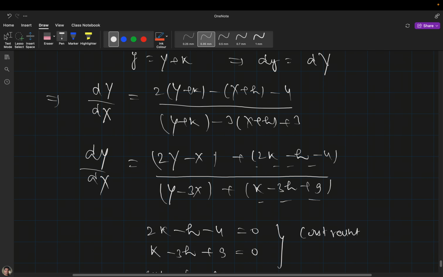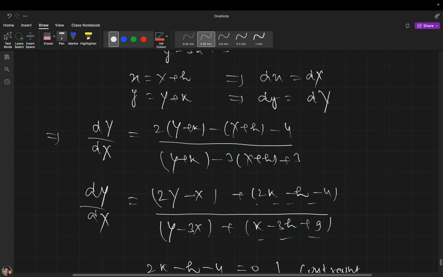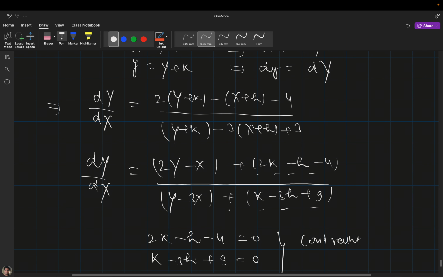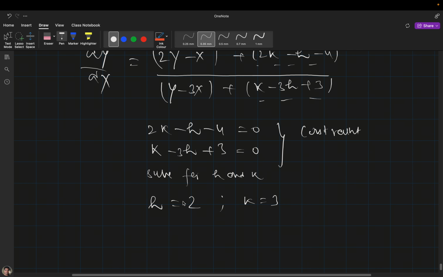Maybe I'm making some mistake. 2y minus x, 2k minus h minus 4, y minus 3x, k minus 3h plus 3. It will be 3, no? This is 3. Now it should satisfy. 3 minus 6, yeah, now it's satisfying.